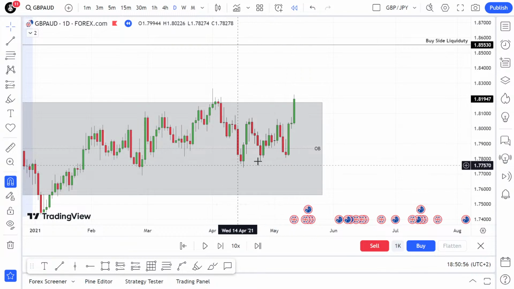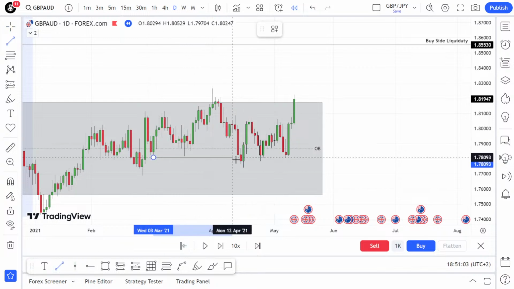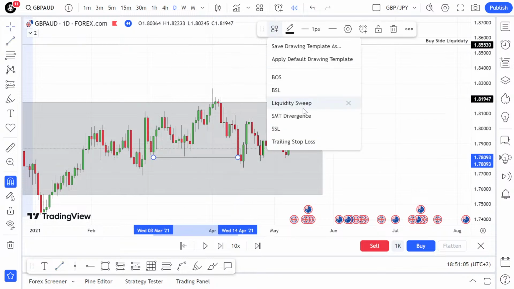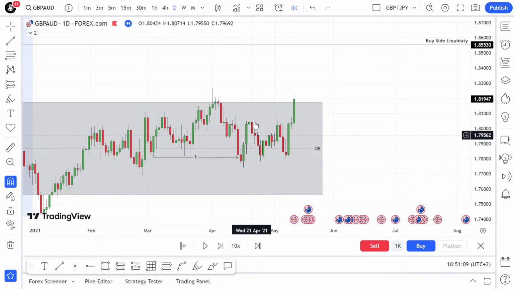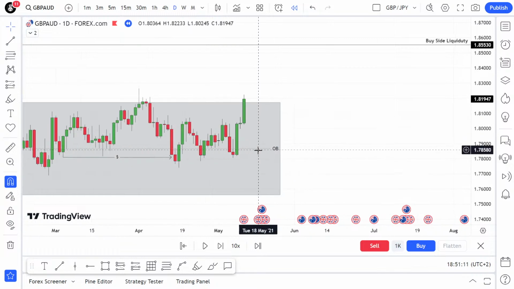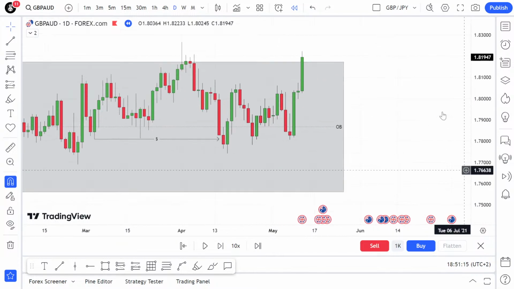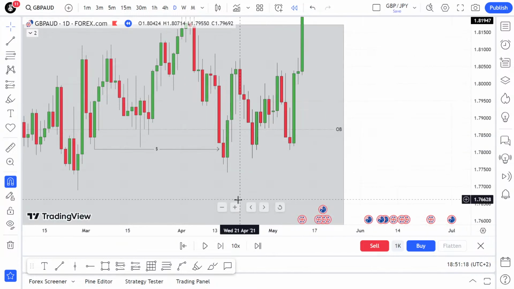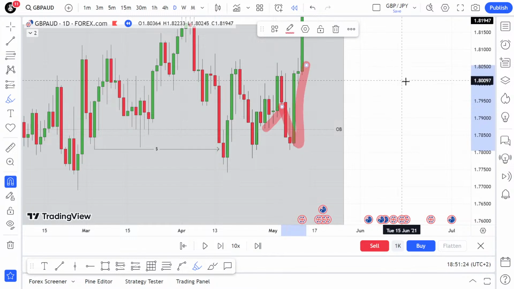Now the problem is obviously that we swept these lows, equal lows, whatever. But is this good enough? Because after that we didn't have the sharp move immediately. We kind of chop, chop, chop. But then we swept all of this, and then have the sharp move to the upside.